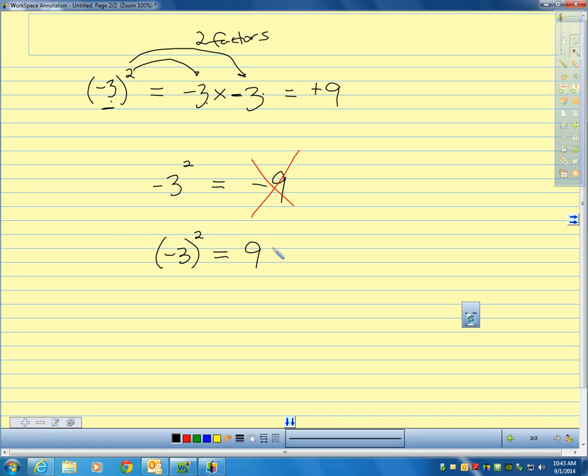So you need to type in open parenthesis, negative 3, close parenthesis, second power, and now you're going to get 9 for a result. So what's going to happen today in your practice, we're basically going to be practicing getting these statements into our calculator properly. That's what's going on today, all right?